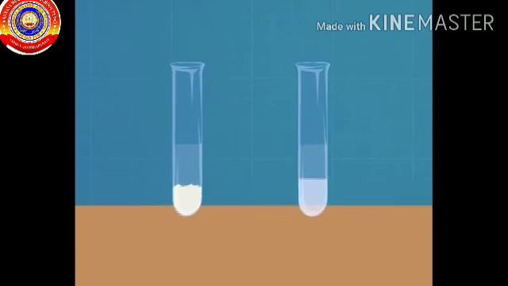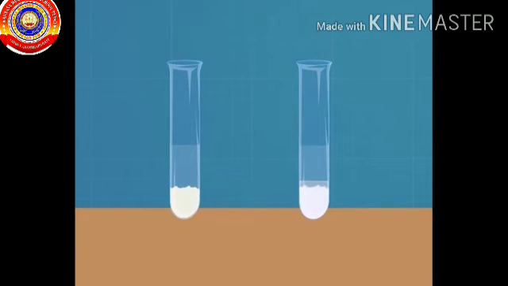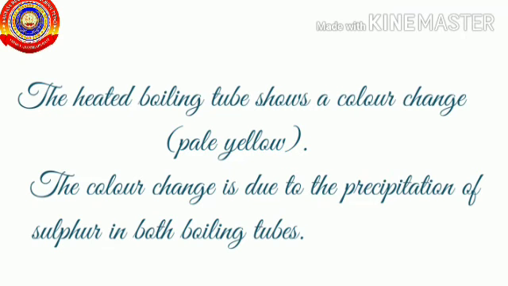Now what do you observe? In which of the boiling tubes is the precipitate formed faster? What is the color of the precipitate? The color change is due to the precipitation of sulfur in both boiling tubes. Now see the equation.